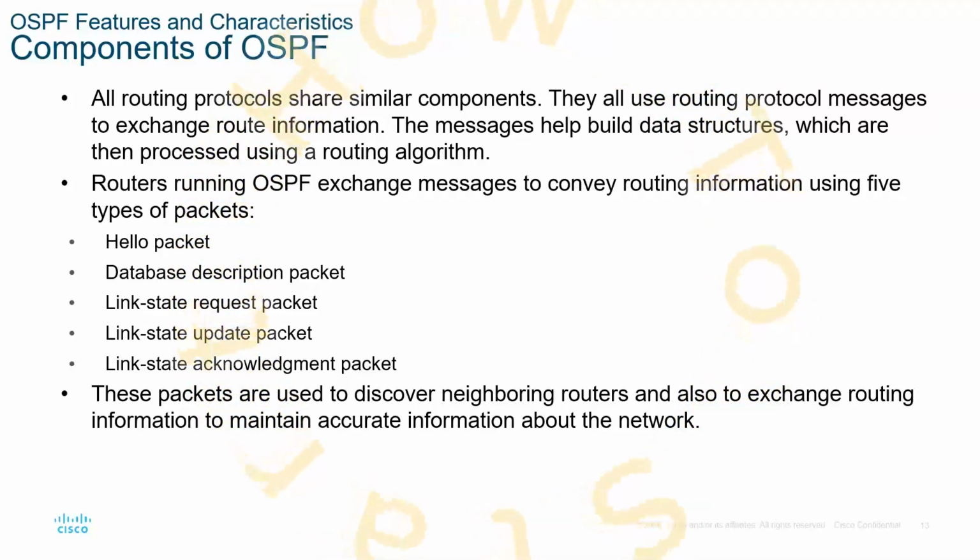Routers running OSPF will exchange messages to convey routing information using 5 specific packet types: a hello packet, a database description packet, a link state request packet, a link state update packet, and a link state acknowledgement packet. One thing that I do not like with the new material is it doesn't really give us a nice description of what those packet types are.